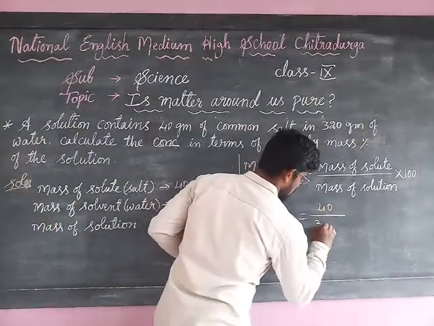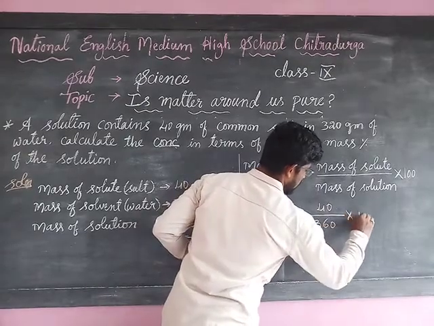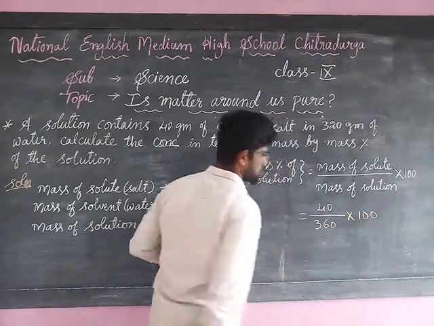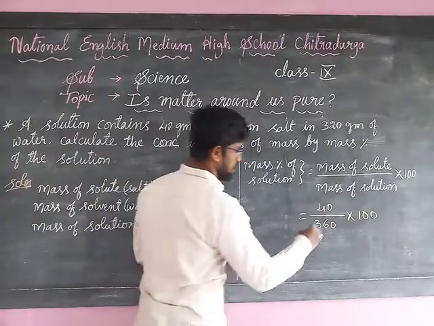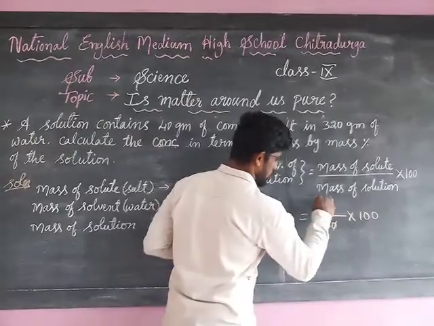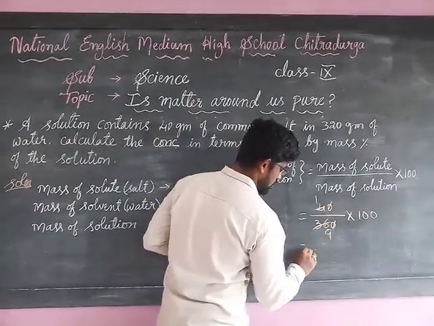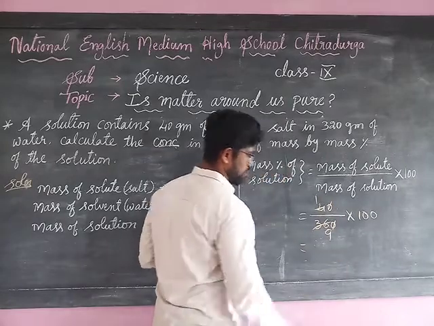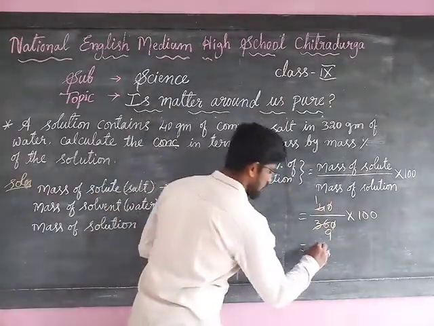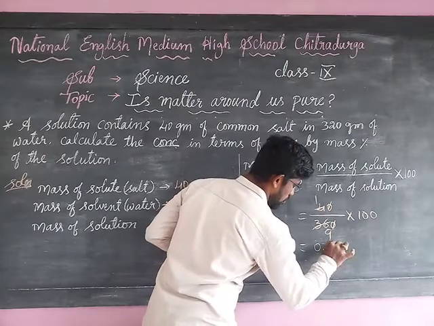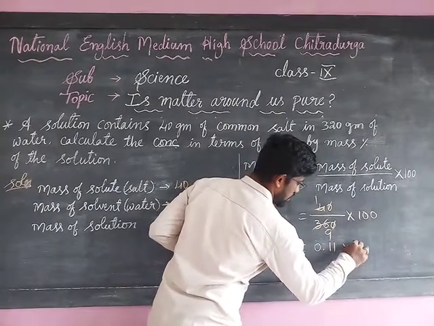So 40 divided by 360 into 100. When we divide, the zeros cancel: 4 ones are 4, 4 nines are 36. So it means 1 divided by 9, which in decimal is 0.11, into 100.